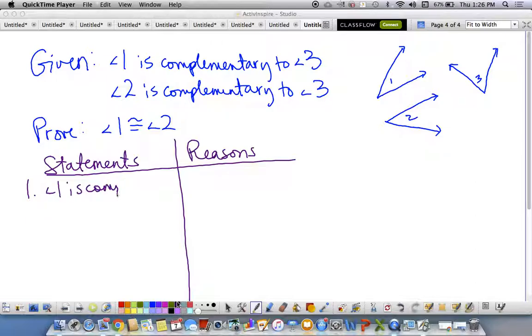Now I'm just going to put COMP and not write out complementary again. Can I still stay in statement 1 and say angle 2 is complementary to angle 3? So I have one statement with both givens, and my reason for statement 1 is simply given. So let that take up 2 lines on my paper.